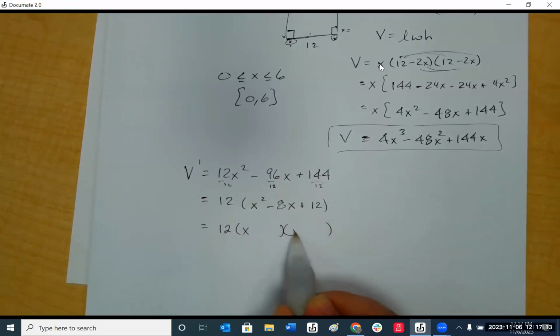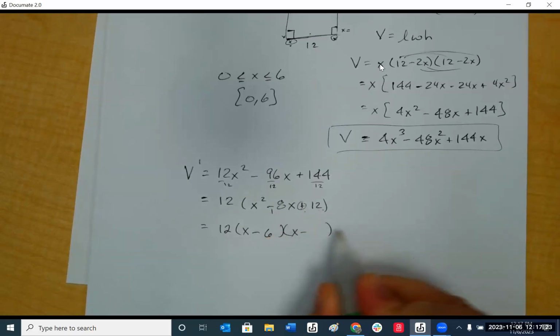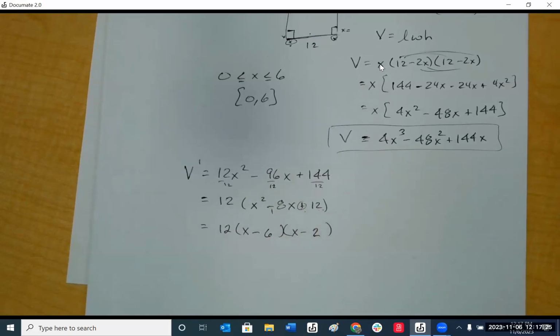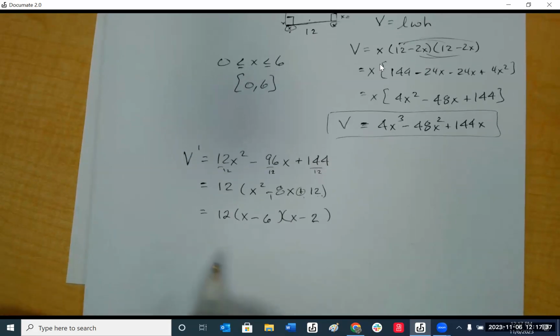It's going to be x and x, so both are going to be the same sign, both minus. What times what is 12, and when we add them, we get 8? 6 and 2. So we have x minus 6 and x minus 2.